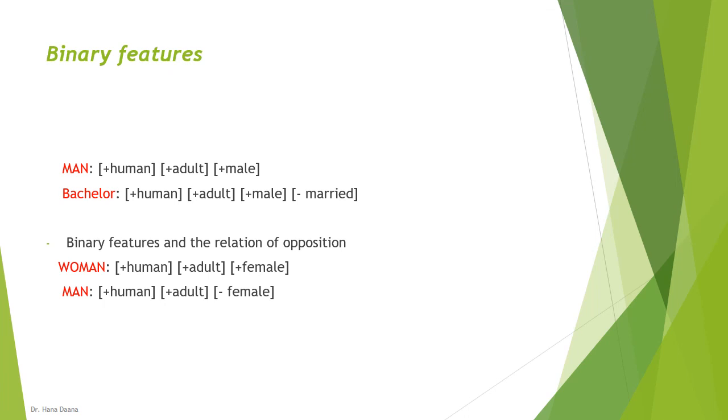Woman and man share almost the same features, except for one contradictory feature, which is plus female, minus female. So binary features can be used to reveal the relationship of opposition between lexical items.